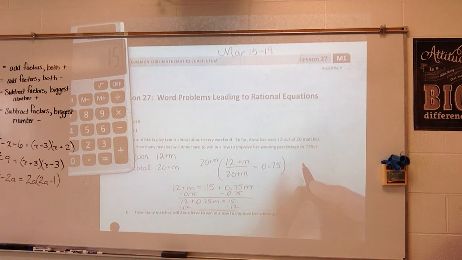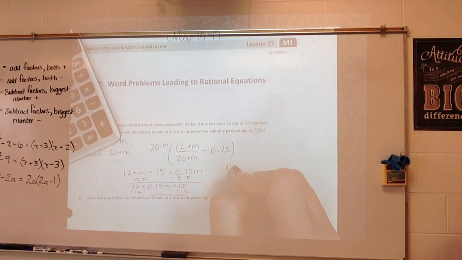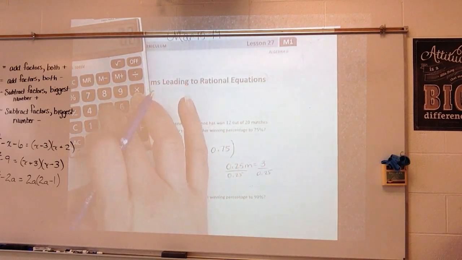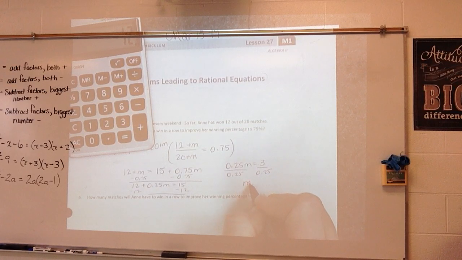Subtract 12. I get 25 hundredths M is equal to 3. Divide by 25 hundredths. So 3 divided by 25 hundredths, M has to equal 12. So she has to win 12 matches in a row in order to improve her winning percentage to 75%.